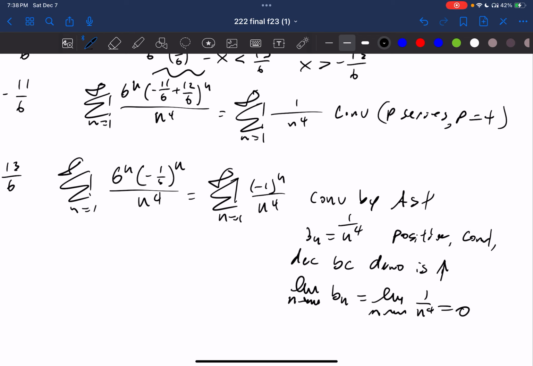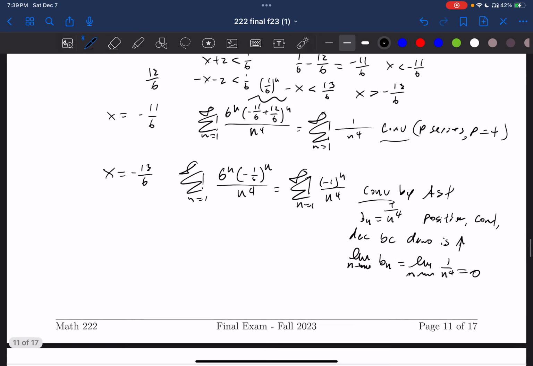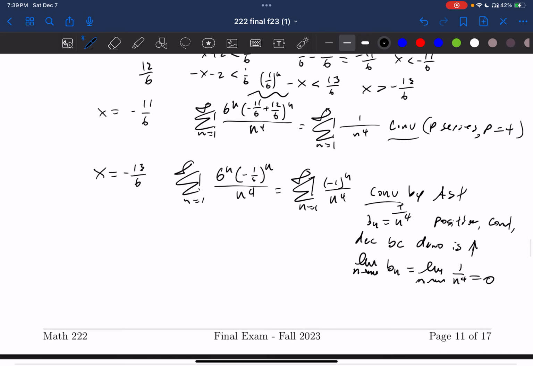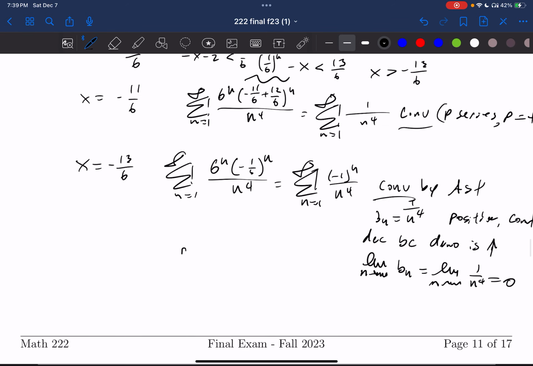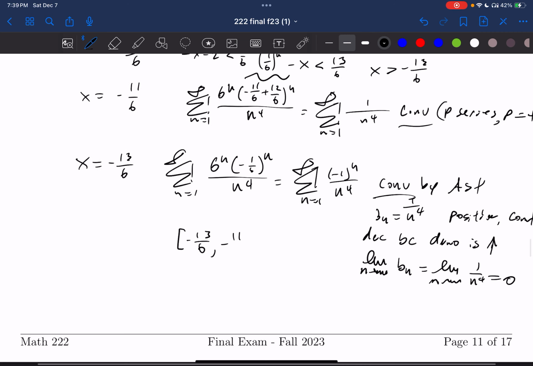So since all of these conditions are met, this will be convergent by the alternating series test. Since they're both convergent, we have to include both endpoints. So we have to do square brackets: negative 13 over 6, comma, negative 11 over 6.